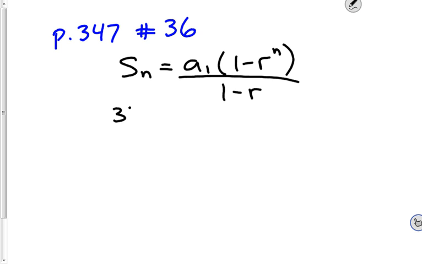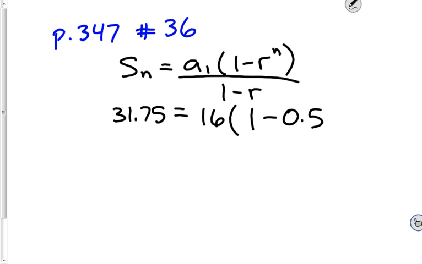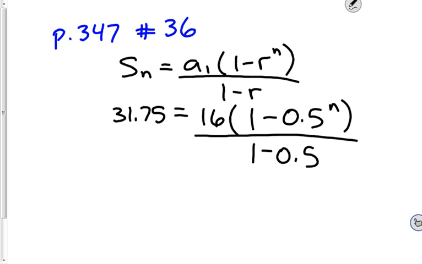So we have 31.75 equals, and then they tell me the first term of the series is 16, so I'll put that in for a sub 1, then 1 minus, and the common ratio is 0.5. They're asking me how many terms are in the series, so that means I'm going to have to find that n. 1 minus 0.5 on the bottom.